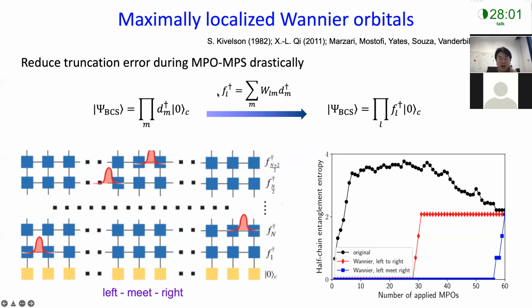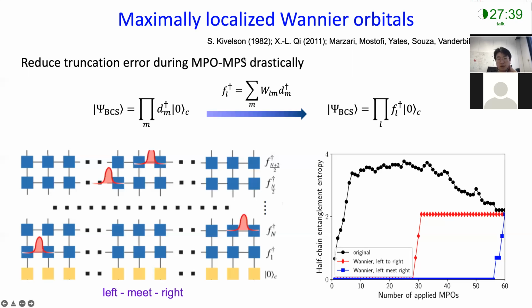The F fermions are a linear superposition of the D fermions, which form a complete basis in the Hilbert space spanned by the D fermions. So here we can simply replace the product of D fermions by the product of F fermions and change nothing. And each F fermion is designed to be spatially localized.